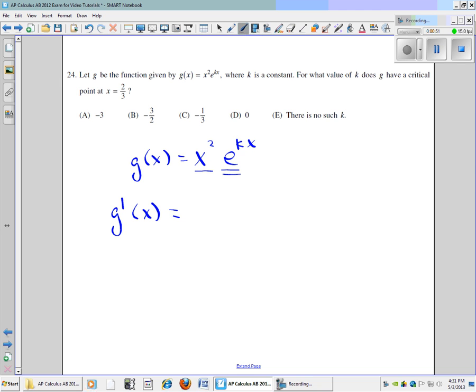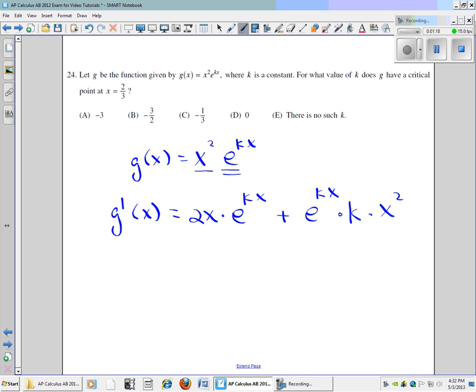So the derivative of x squared is 2x times the second, e to the kx, plus the derivative of the second, and if I have something that involves an e, I get exactly what I start with, times the derivative of the exponent, which is just k, it's a constant, times the first term, x squared.